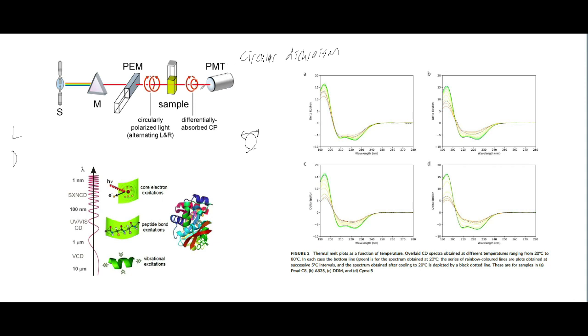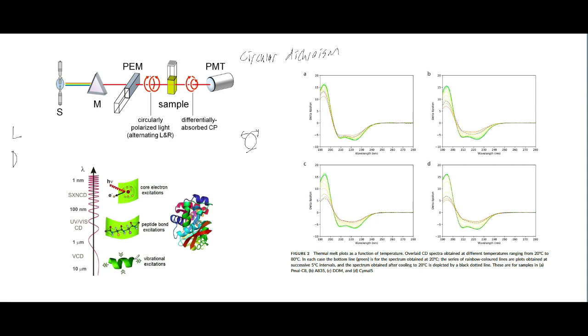And so down here we see that when we shine light onto our protein, we get these different excitations based on the structure. Our single atoms will have these electron excitations. Then we can also have the peptide bond excitations, which are basically just stretching and compressing these bonds.